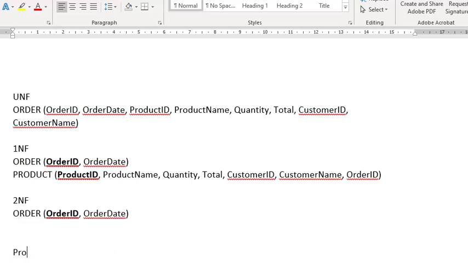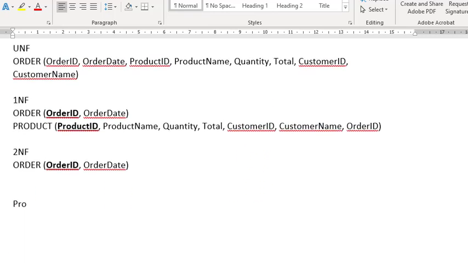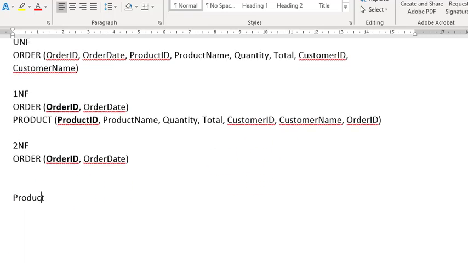Product ID. Okay, who are functionally dependent on this product ID? Product name, quantity, no, or total. Okay, let's say I just put product name first.